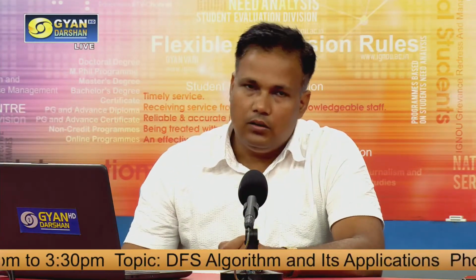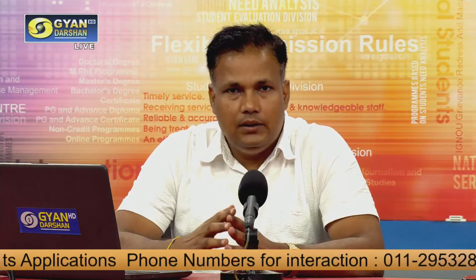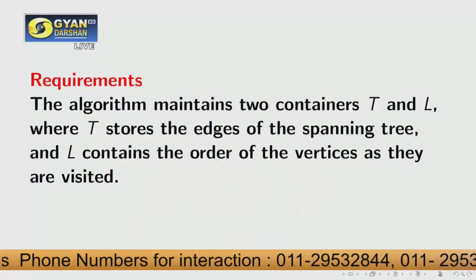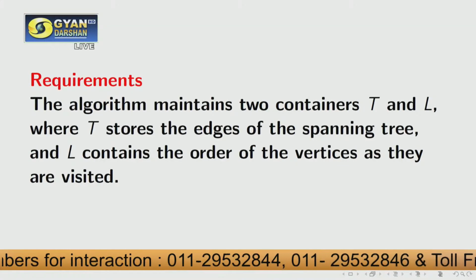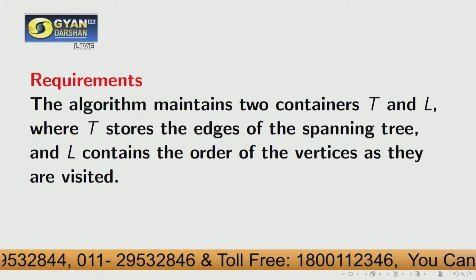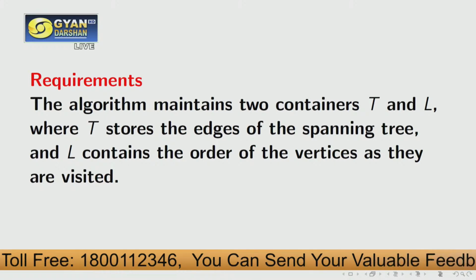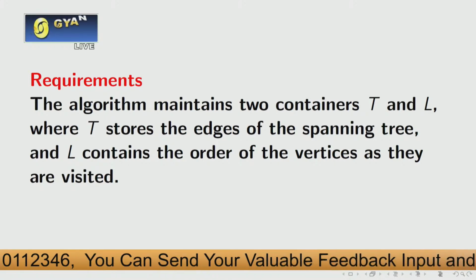So let's now look at the algorithm formally. The algorithm needs mainly two containers, T and L, where T is a list that stores the edges of the spanning tree, and L stores the vertices of the graph in the order they are visited.